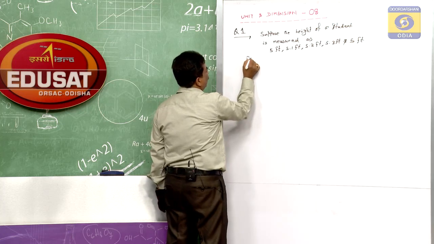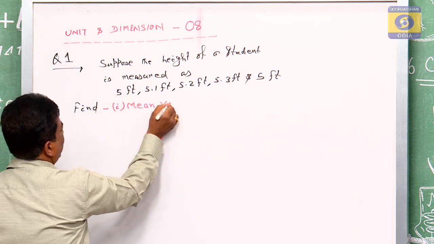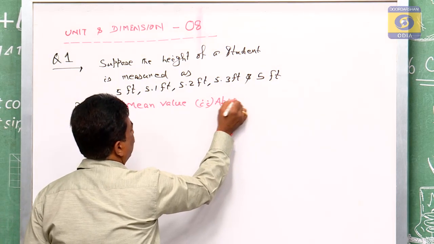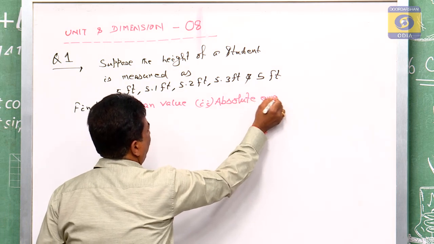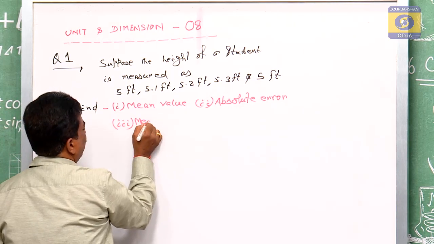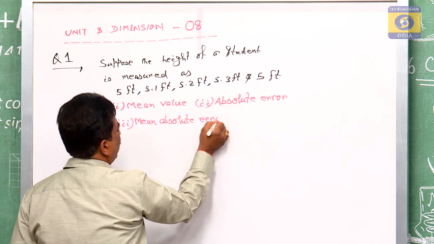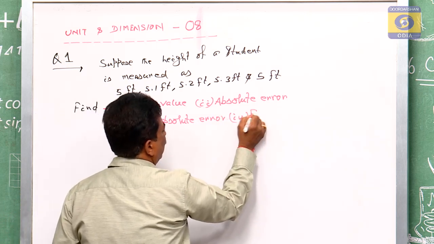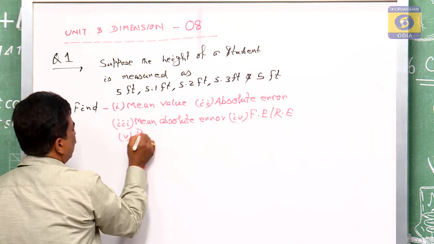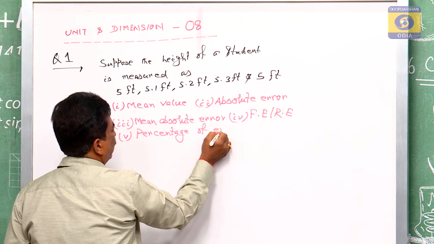Then you have to find: the first is the mean value, second is the absolute error, third is the mean absolute error, fourth is the fractional error or relative error, and next is the percentage error.